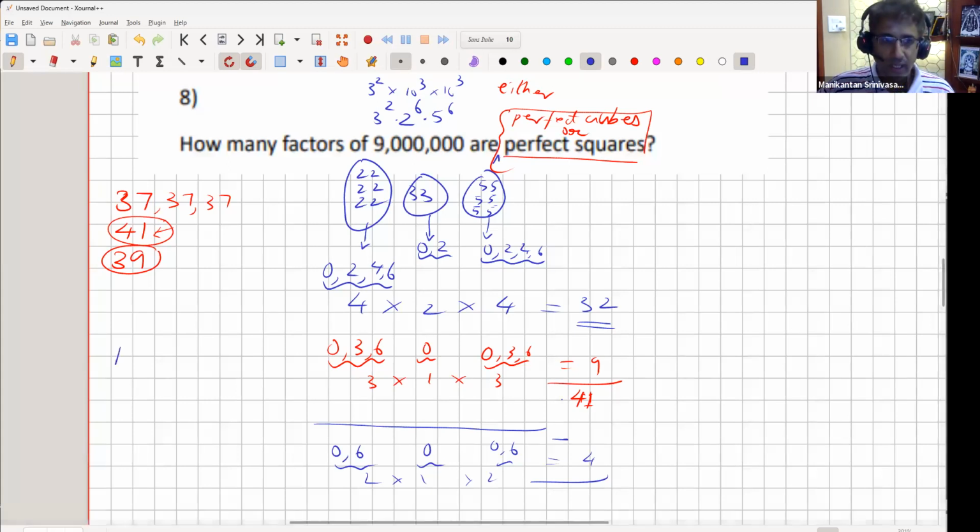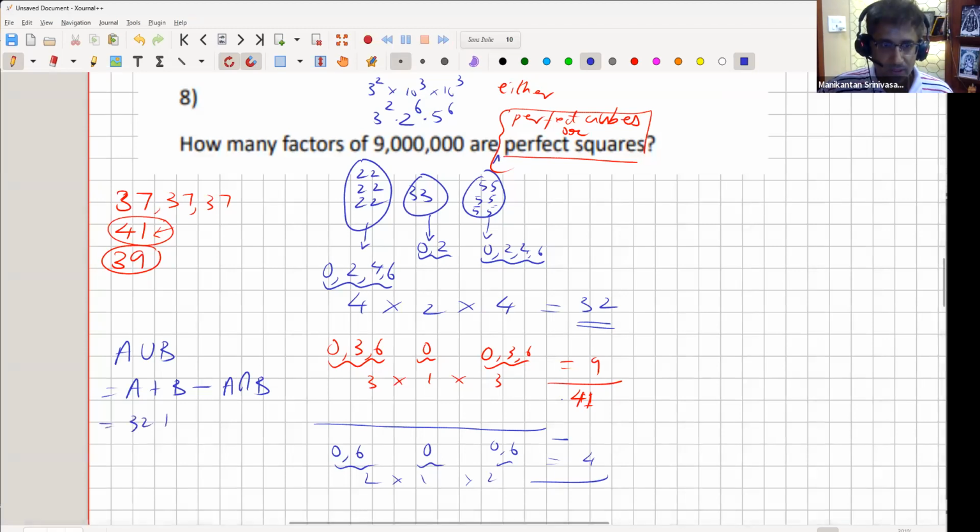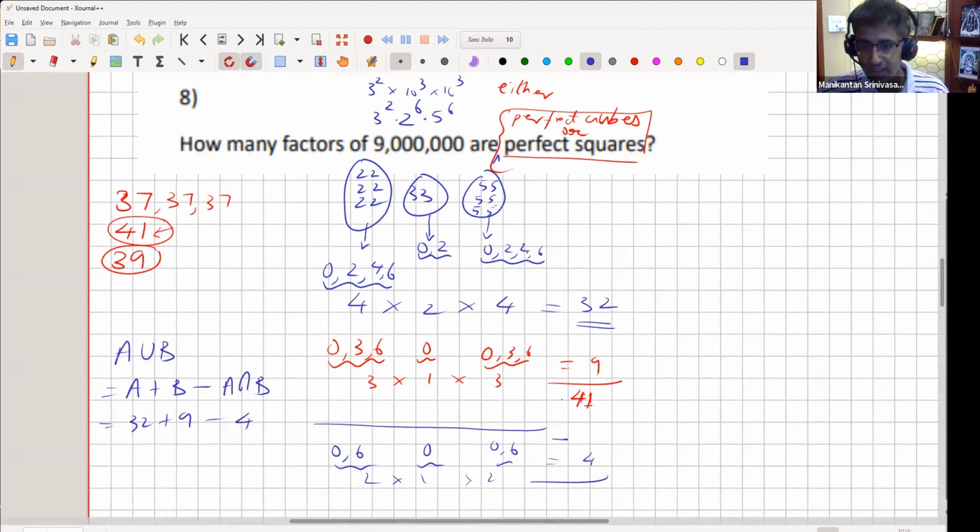So A union B is the number of elements in A plus the number in B minus the intersection. So this is 32, this is 9, this is 4, so 41 minus 4, which is 37 indeed. Does it make sense? Well done, Ananya and others who got 37.